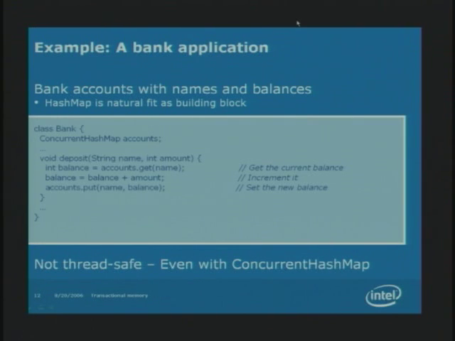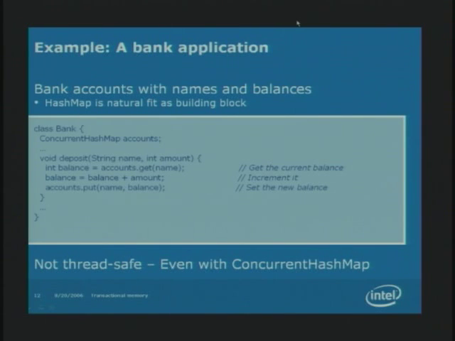So what does a deposit code sequence look like? Well, it looks like this. In my bank data structure, I've got an account field, which is a map. It's a concurrent hash map because I want this to be thread safe, and I want to benefit from all the wonderful tuning that went into that concurrent hash map. The deposit takes the amount and the name. It looks up the current balance inside the map, given the name.